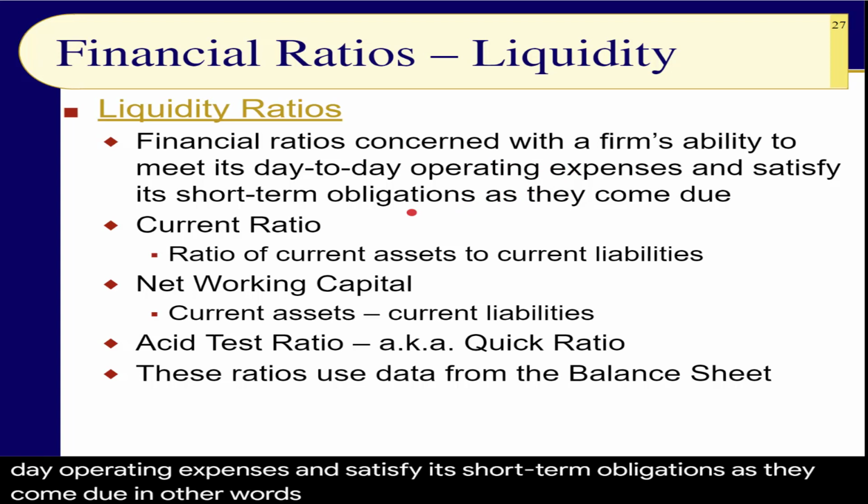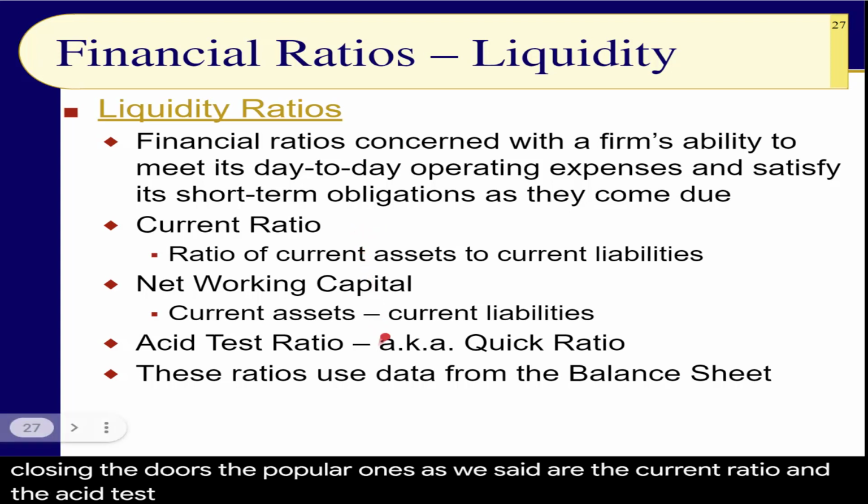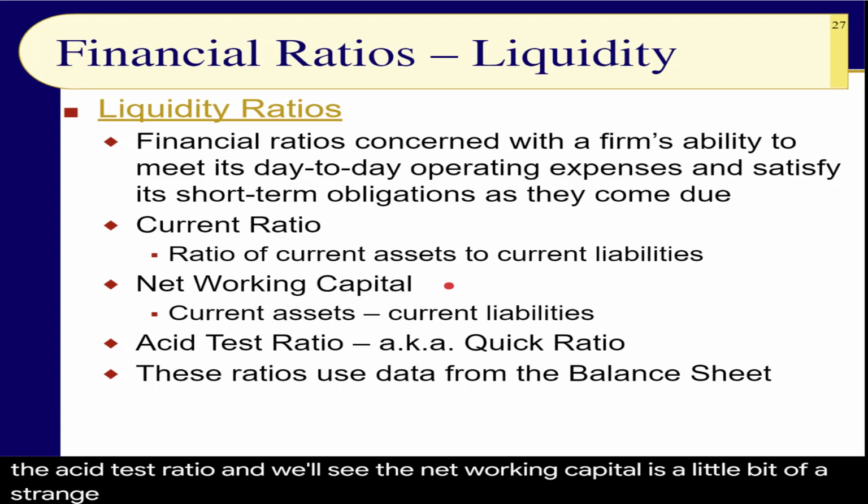In other words, can you make payroll? Are you in danger of closing the doors? The popular ones, as we said, are the current ratio and the acid test ratio. And we'll see that net working capital is a little bit of a strange duck. It's not a ratio at all, so we'll see that.